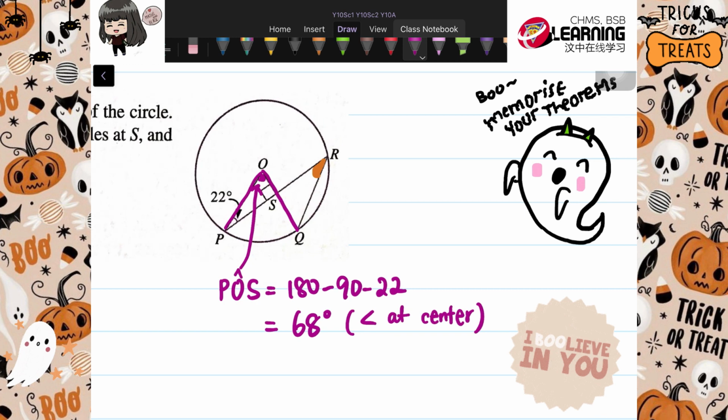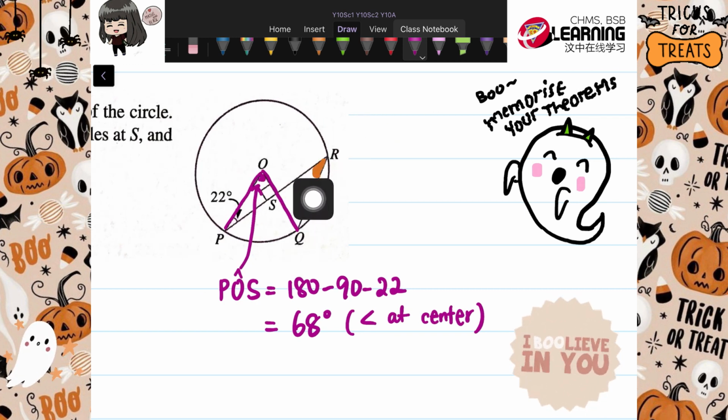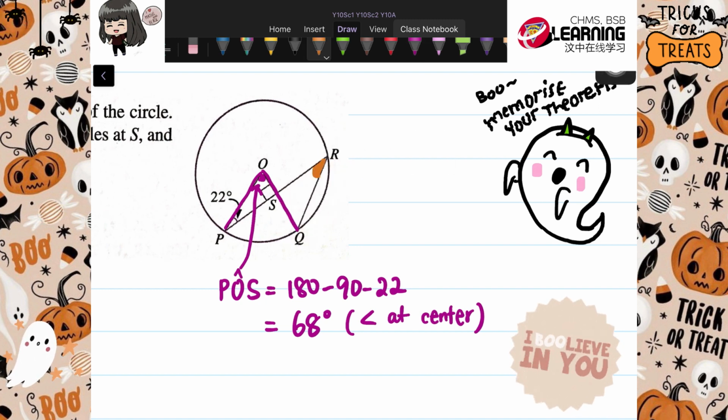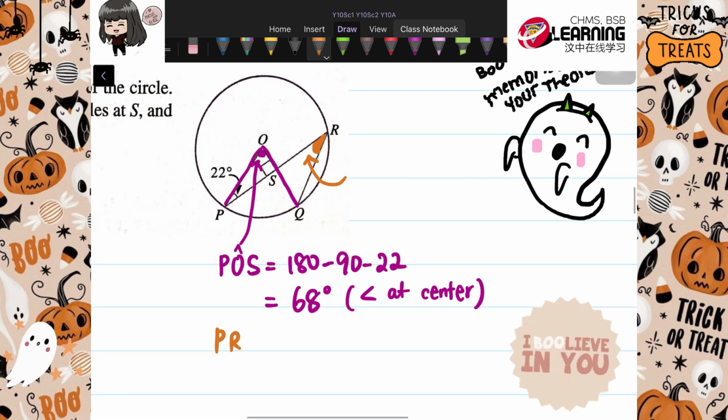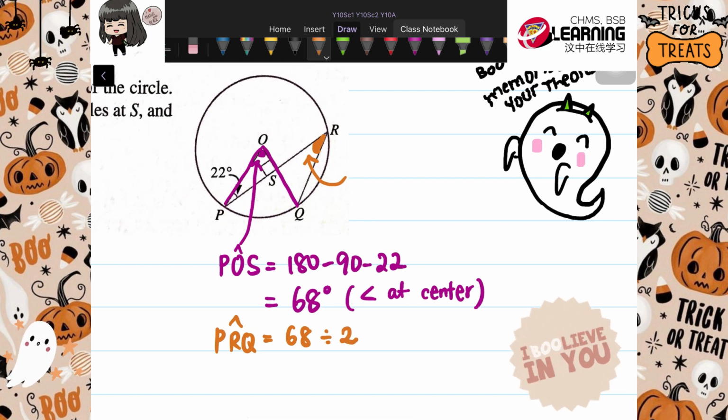This angle at the center will be twice the angle at the circumference, isn't it? So if this is twice of this, to find angle PRQ, I'll write down here, PRQ will be 68 divided by 2. You need to know when to divide and when to times. To find the center, you times.